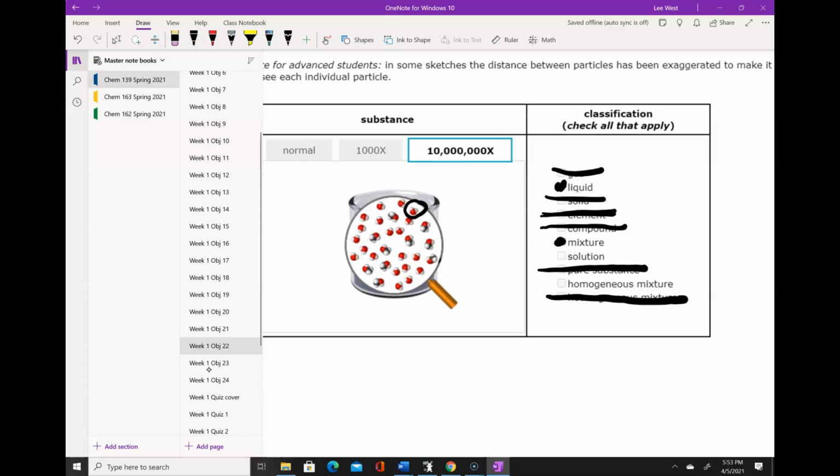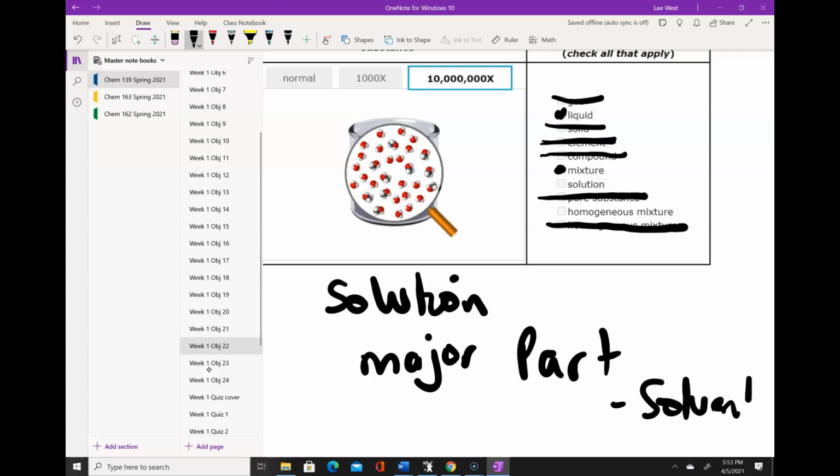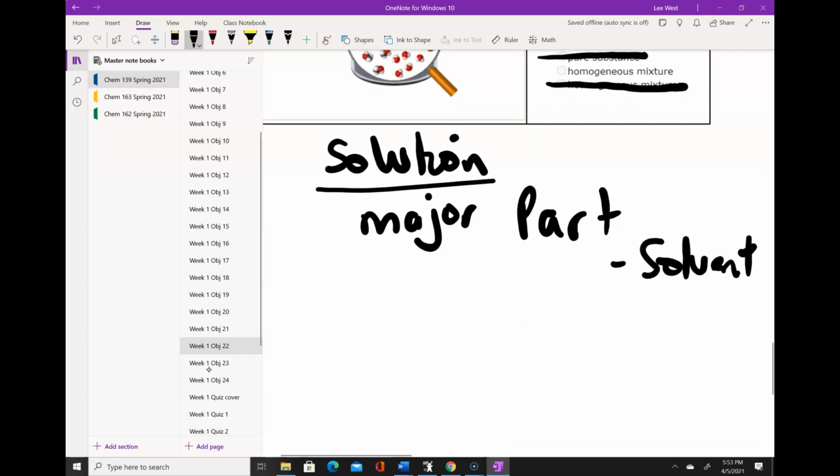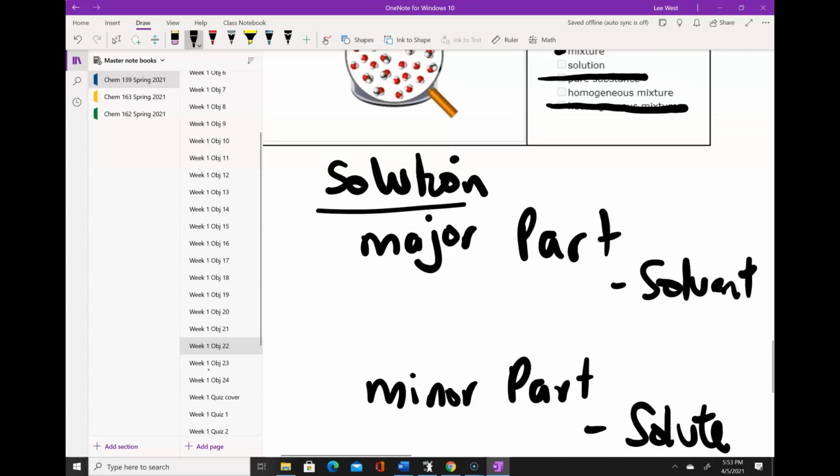Now, is it a solution? Now, what a solution has is this. A solution has a major part, and that's called the solvent. And then a solution has a minor part, and that's called the solute.